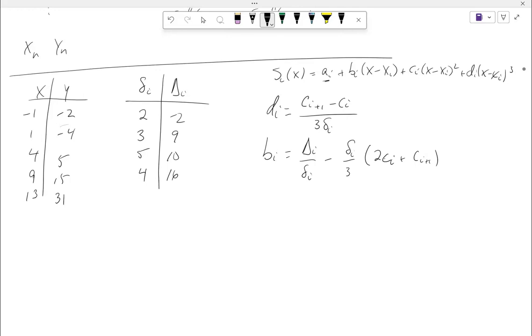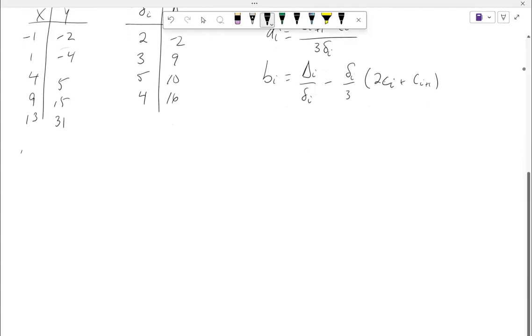All right. So for your natural cubic splines, this was going to help us start these things. And then we'll talk about other cubic splines later.